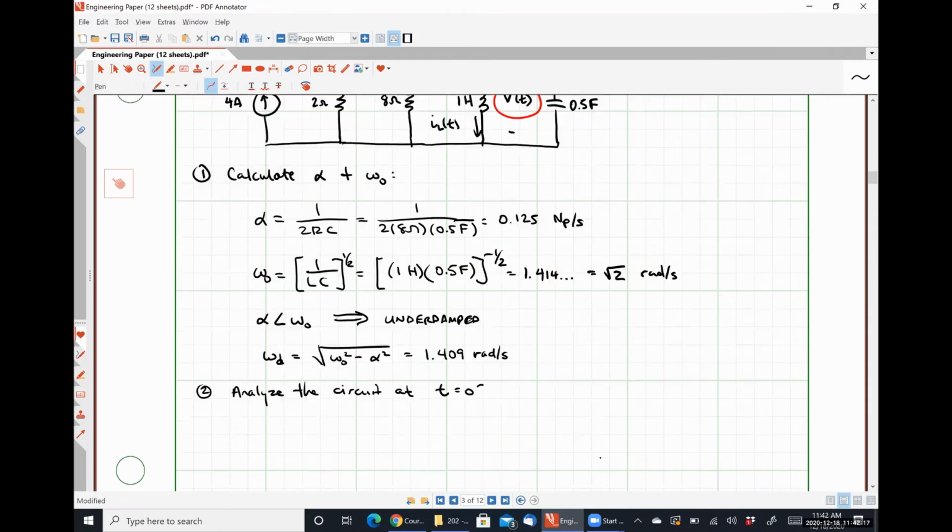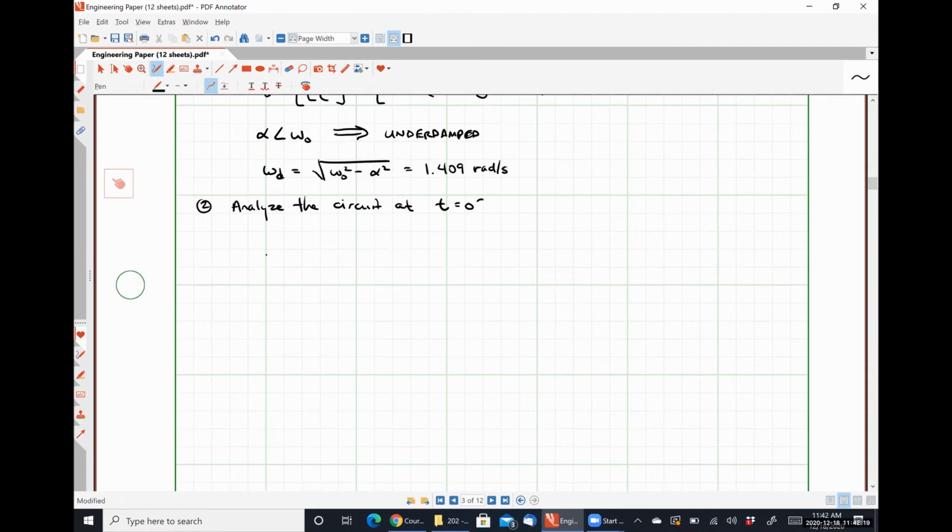So t equals 0 minus, let's see, we have 4 amps, resistor, resistor, there's our inductor.